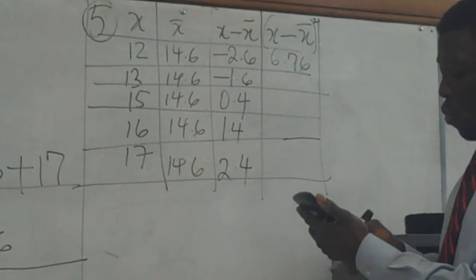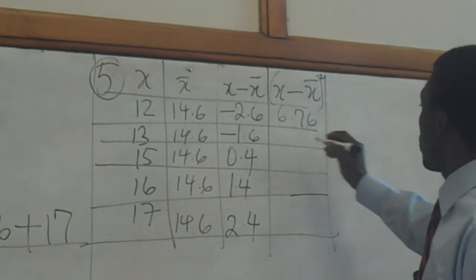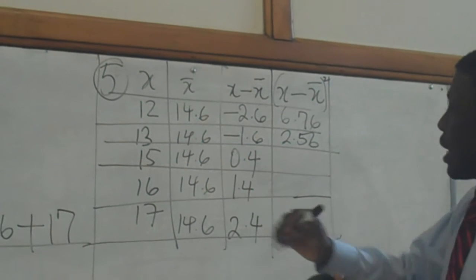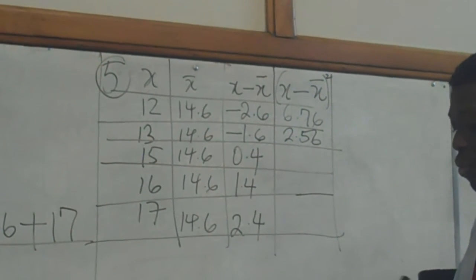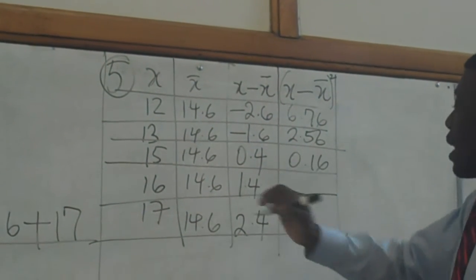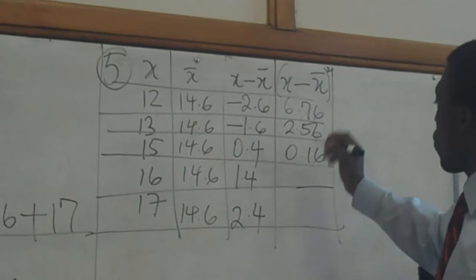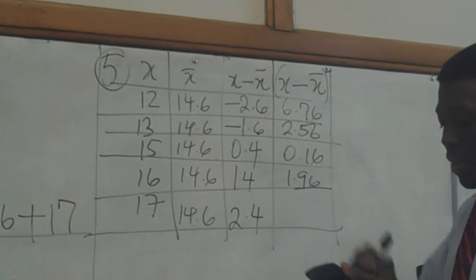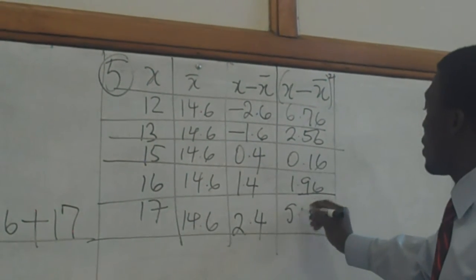Then negative 1.6 squared gives us 2.56. Then 0.4 times 0.4, which you should be able to do without a calculator, is 0.16. Then 1.4 times 1.4 is simply 1.96. And then 2.4 times 2.4 is 5.76.